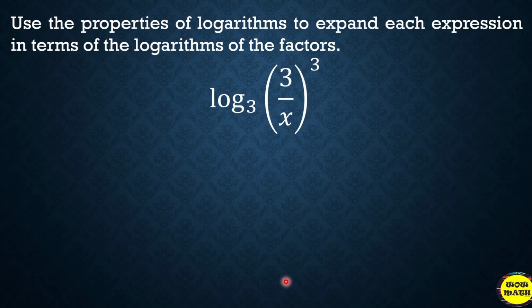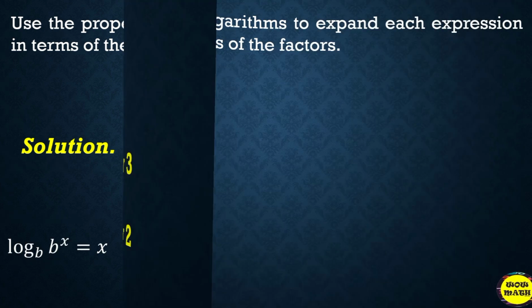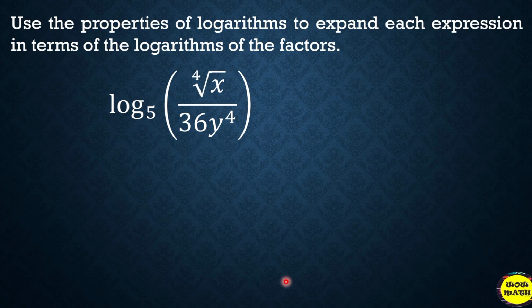Another. So we have, okay, so ito rin yung kanina. Next, proceed tayo sa next example. Okay, log of the quantity 4th root of x over 36y to the 4th power.